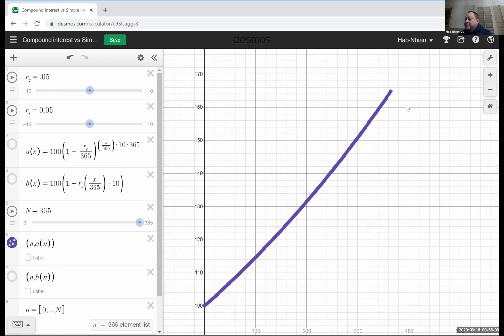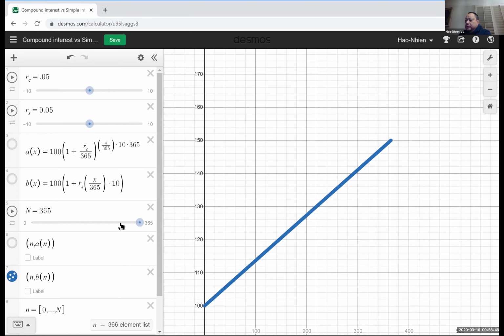The line is not exactly straight, and that's the nature of compound interest because it's exponential growth and not straight line growth. Now if I take a look at the linear or simple interest account, you can see that it grows in a straight line.